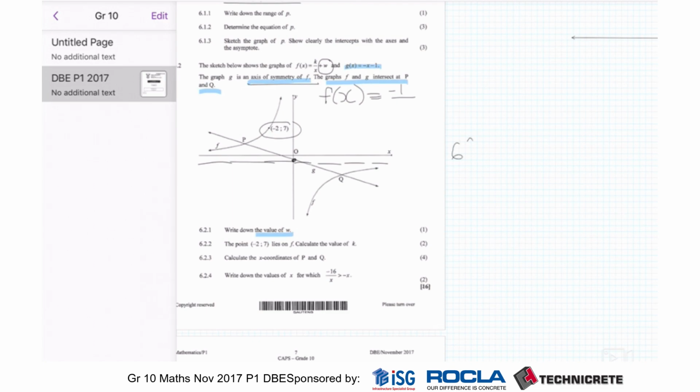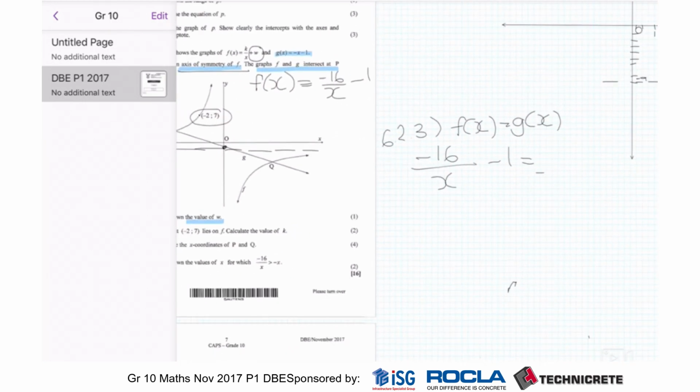So 6.2.3, we're equating f at x is equal to g at x. F at x we got to be -16 over x minus 1, so we wrote that earlier here, and g at x they give me, which is -x minus 1.